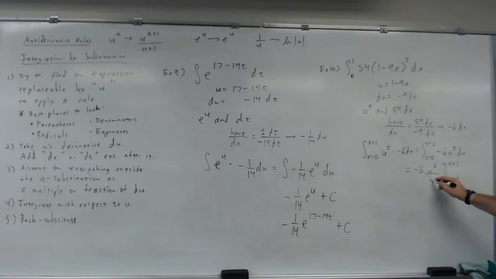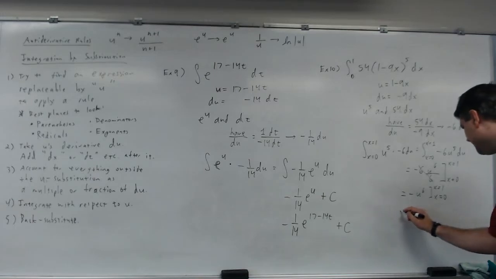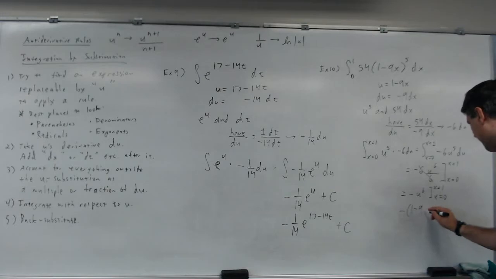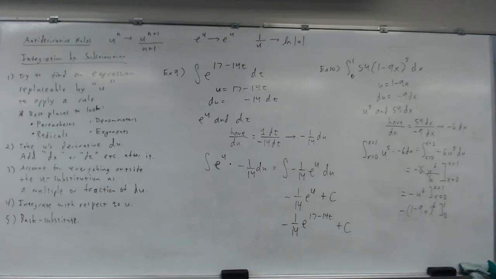And that cancels, giving me negative u to the 6th as x goes from 0 to x equals 1. Okay? So that's going to be negative 1 minus 9x to the 6th as x goes from 0 to 1.